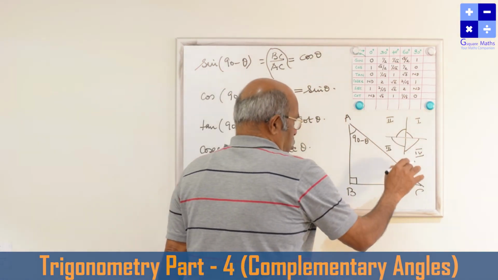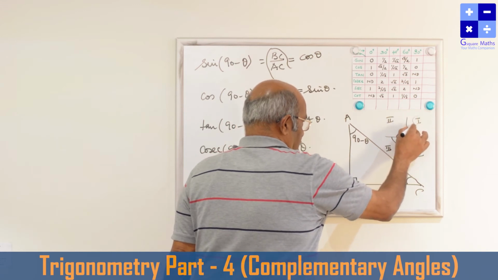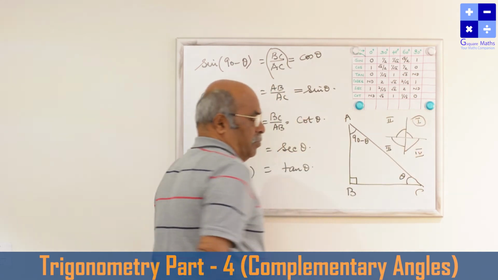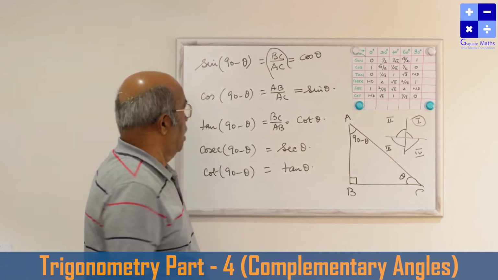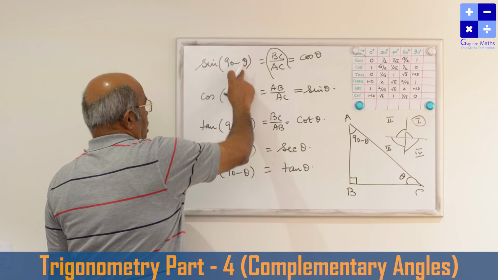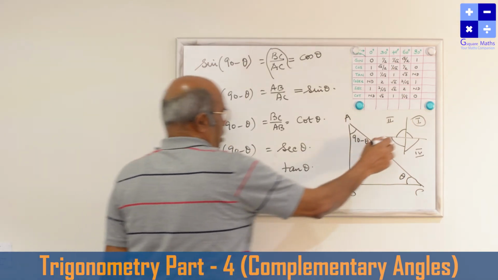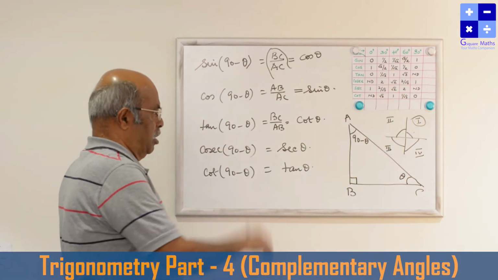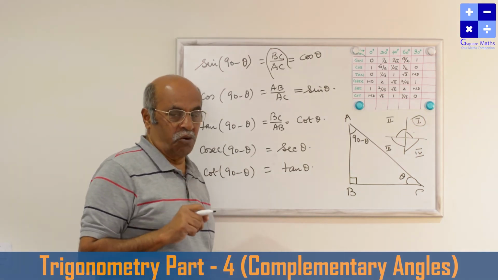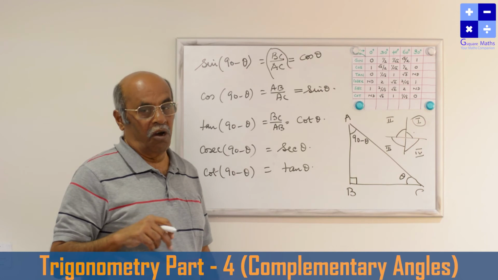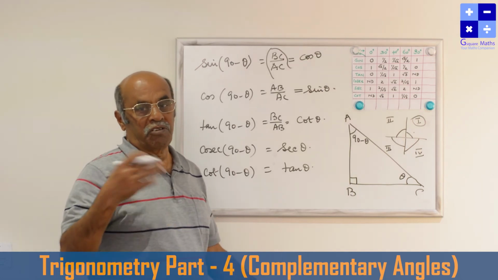Now in our course we are studying the angle in the first quadrant only, that is 0 to 90 degrees. So 90 minus theta always lies in the first quadrant. Forget about second, third, fourth. When the angle takes the value of the second, third or fourth quadrant, how to find out the trigonometric ratio, that you study in the 11th standard.